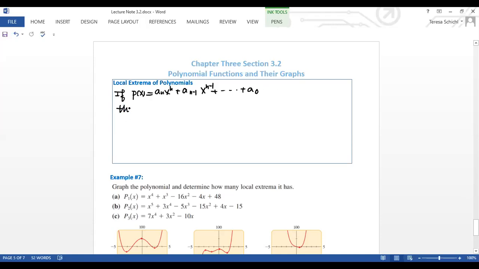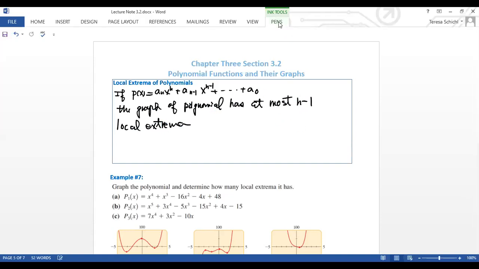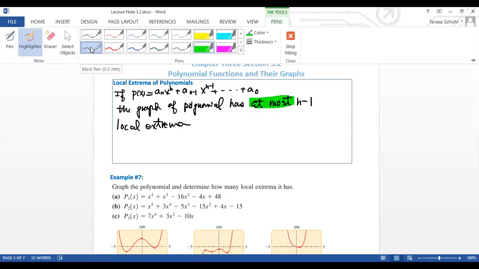The graph of this polynomial has at most n minus 1 local extrema. That means they can be maxima or minima. Be careful with the words "at most". That means you cannot have more than n minus 1.